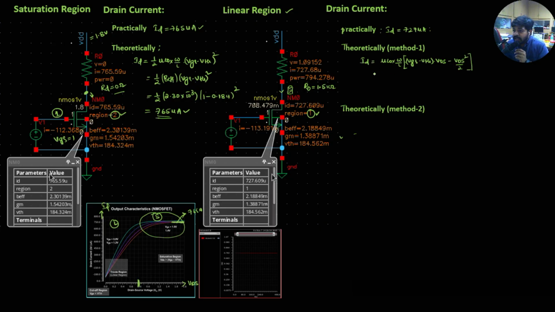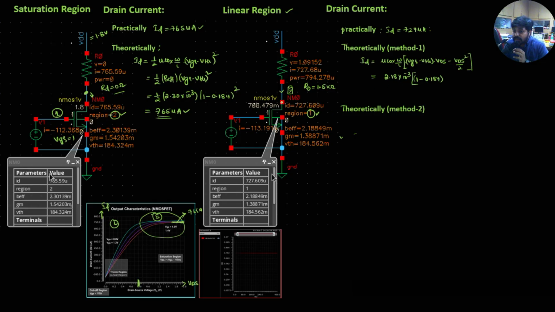As we have the current equation, this one is considered as beta effective, which is given around 2.18 into 10 to the power of minus 3, into VGS minus VTH. VGS is nothing but the same VGS I am trying to maintain in all the cases, VGS equal to 1 volt and VTH equal to 0.184, into VDS.